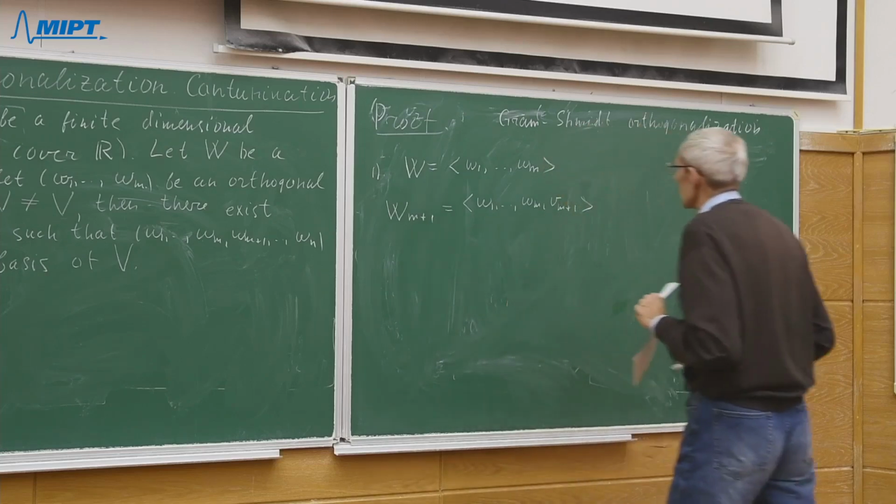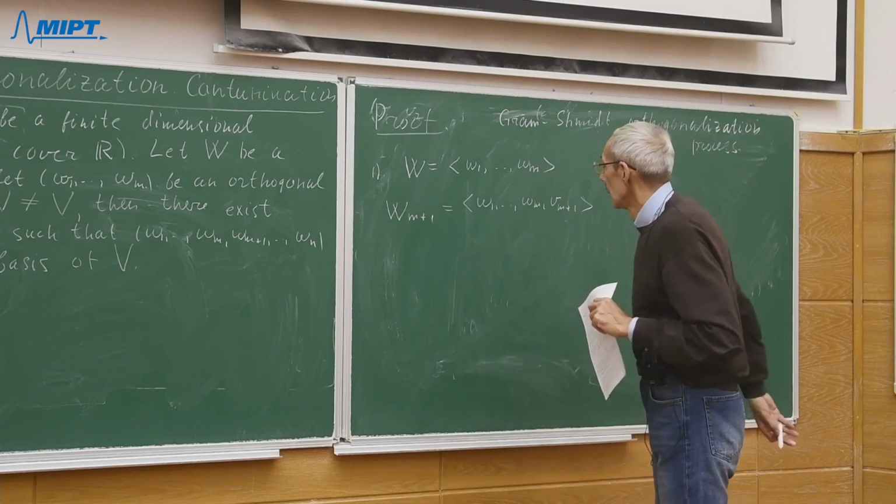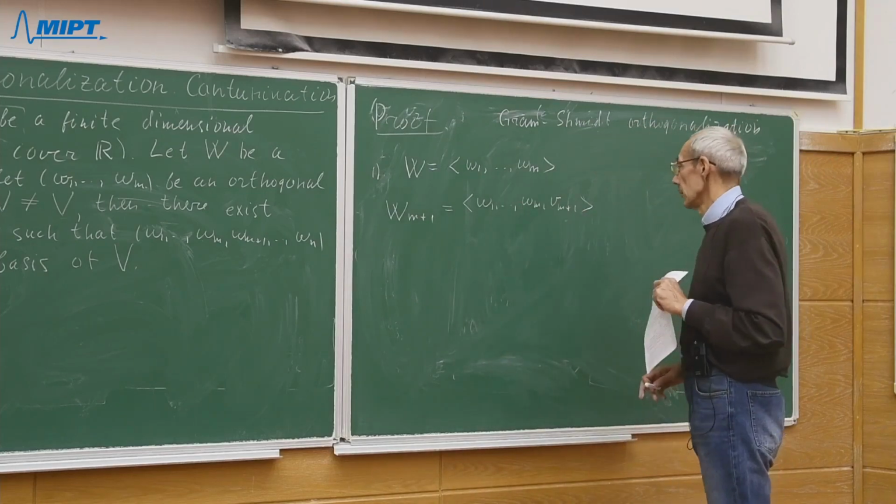Each vector Vm plus 1 is some vector which does not belong to this vector space.